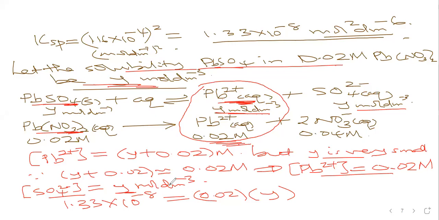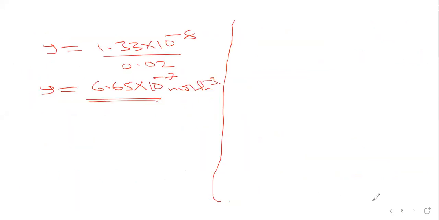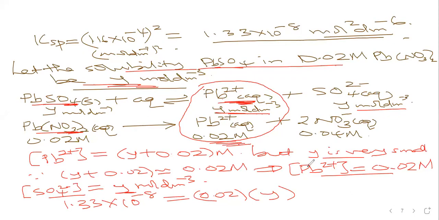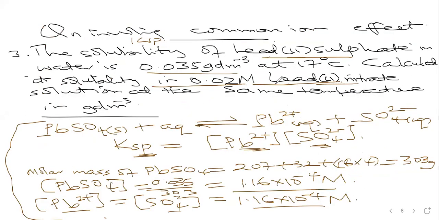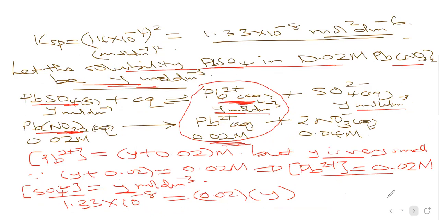Yes, teacher. Now, this implies that we have got Y as the solubility of lead 2 sulfate in lead 2 nitrate. However, our question told us that they want the solubility in 0.02 molar lead 2 nitrate solution in grams per liter. Always it is good to read the question and understand it. So how do we convert it to grams per liter? We multiply it by the RFM.